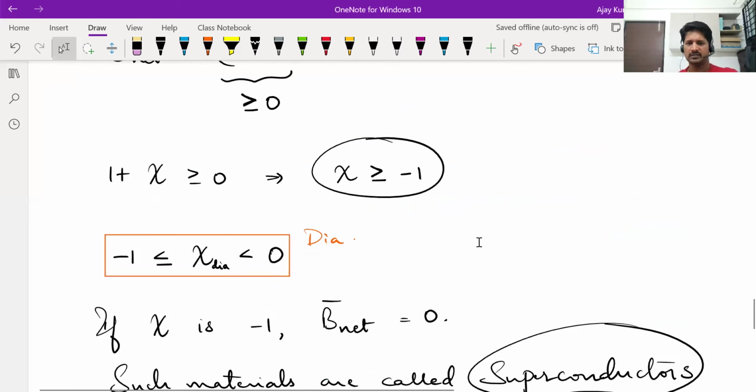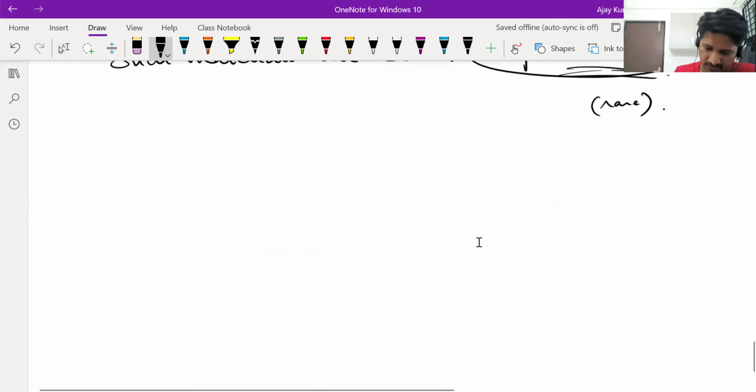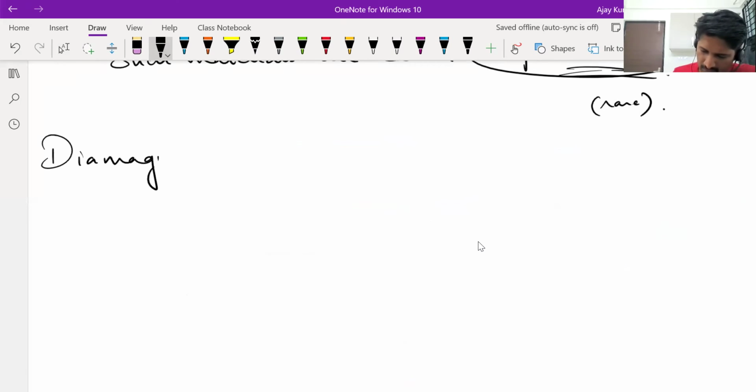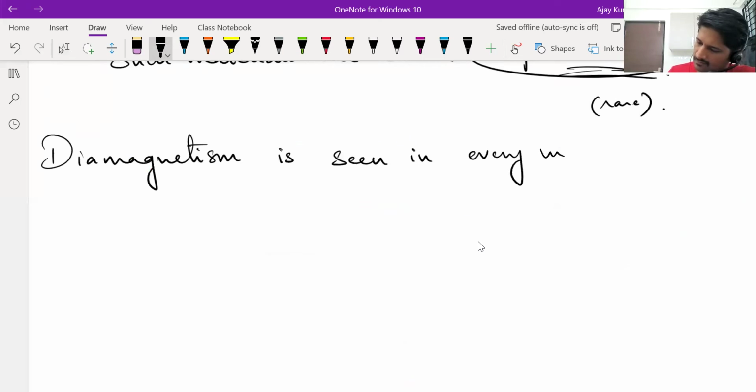So they say that diamagnetism as a property is seen in every material. Now don't say every material is diamagnetic.